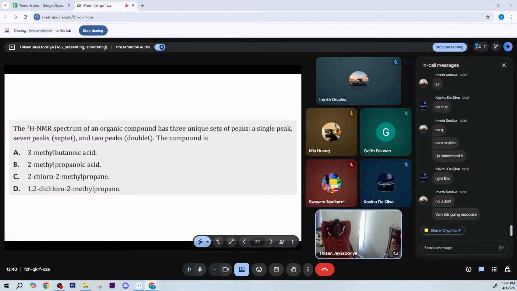There's a singlet, a septet, and a doublet. What do you guys think? A, B, C, or D?